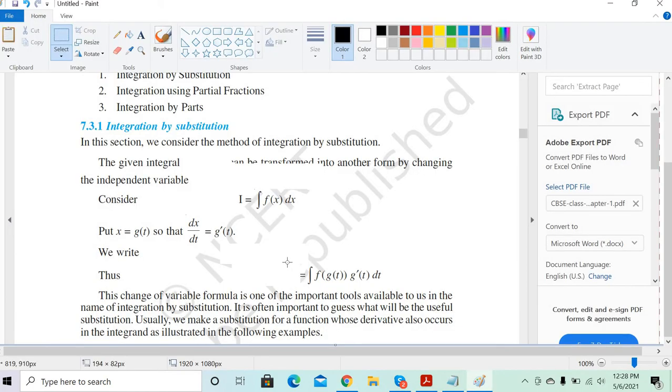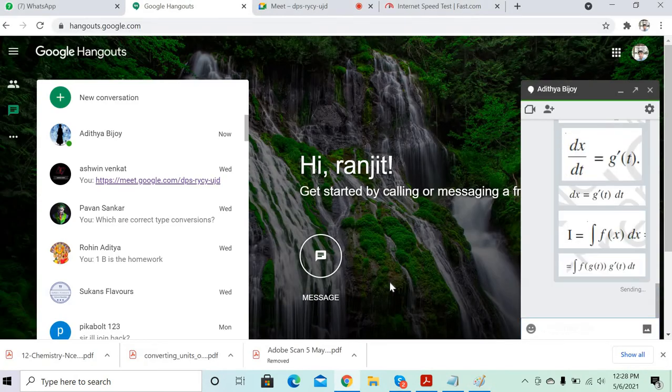Correct? Yes, sir. So this is called the substitution. We make x equal to some function of t, then we differentiate it and replace the integration with respect to dx by integration with respect to dt, by substituting the x value as the function of t. Clear?